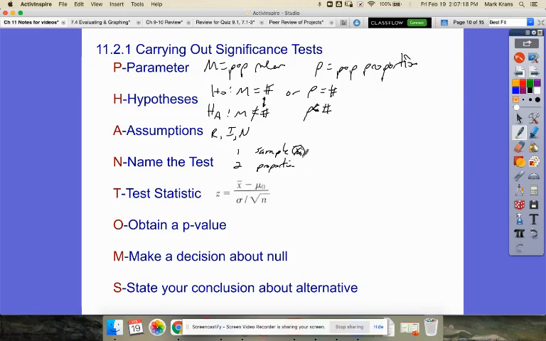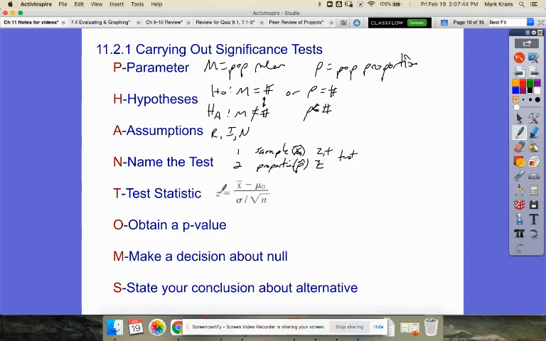Really, it'll be X bars. This will be when you have a P hat. And then you have up here Z or T. Down here, it's always Z test. Okay. And so we'll talk through about how to know which ones you're doing. We haven't even gotten to the two samples yet, but we'll get there. Okay. So pretty much it'll be a one sample Z test, a one sample T test, or a one prop Z test.